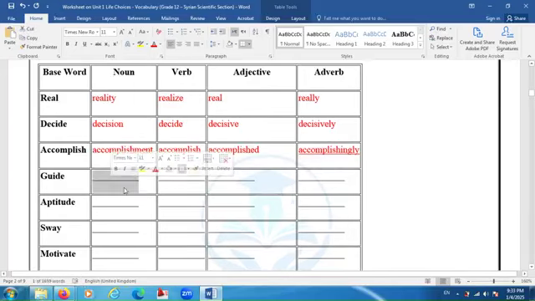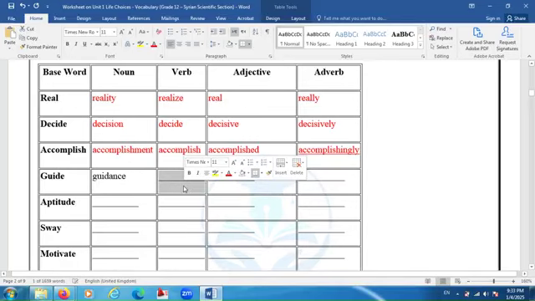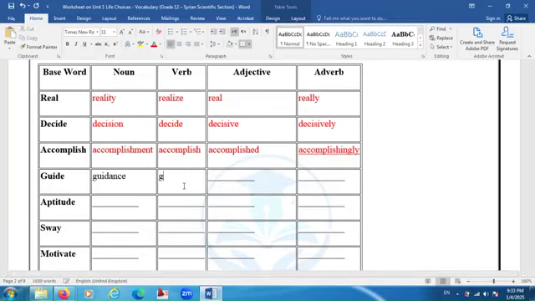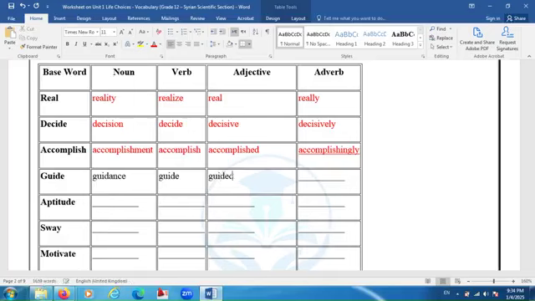Accomplishingly. Guide, the noun is guidance. The verb is to guide. The adjective, guided. The adverb is guidingly, if you wish to say.